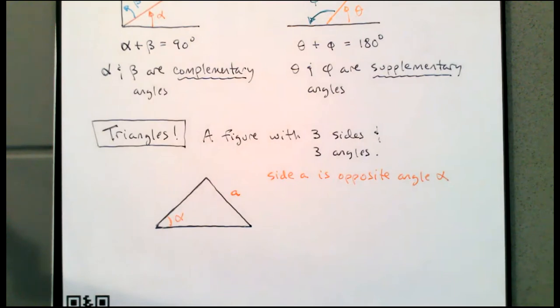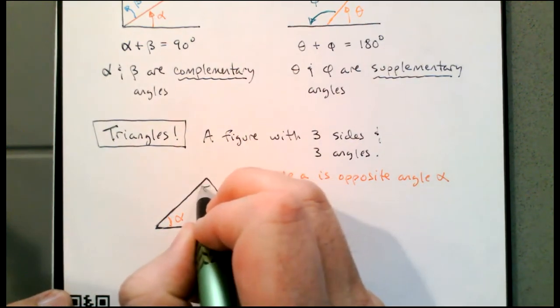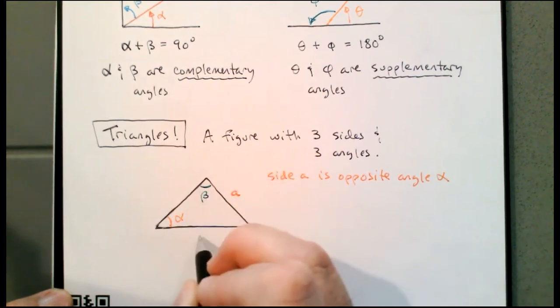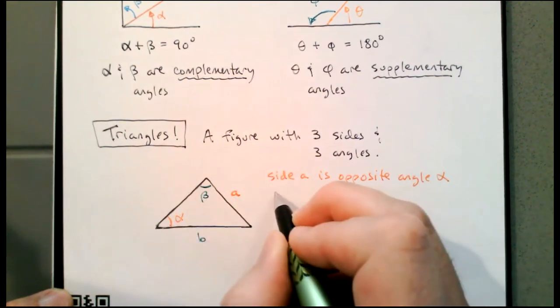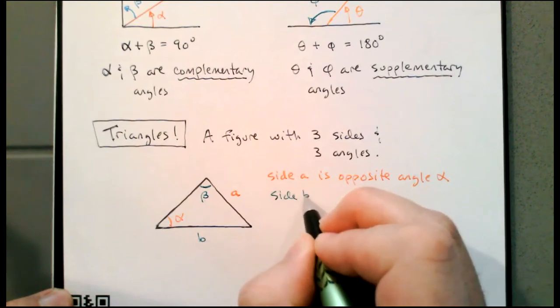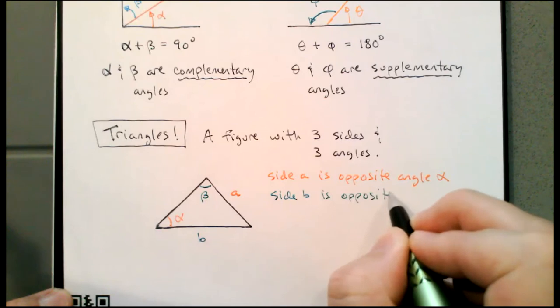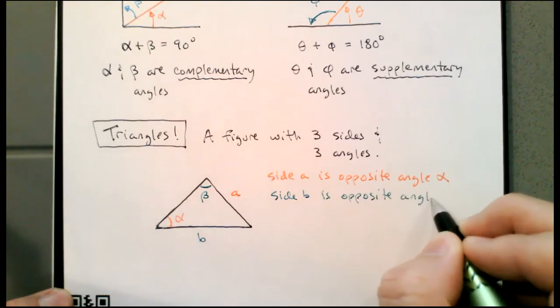I'll make A correspond to alpha, because they're both the first letter. Then going around, let's say I go up to the top, and if this is angle beta, then opposite angle beta is side B. So side B is opposite angle beta.